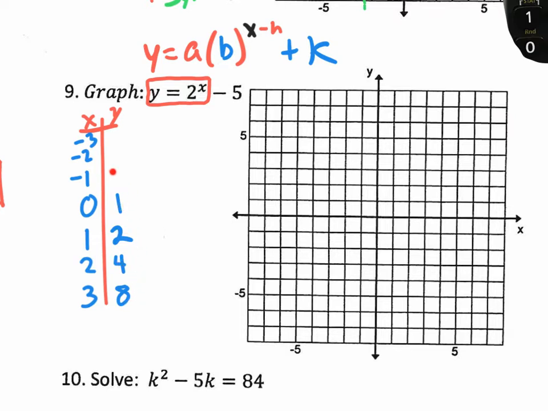What's this value up here? 1/2. And then the next one, 1/4. And the next one, 1/8. And we know that it infinitely gets smaller, infinitely approaching nothing in that direction. So let's graph these blue coordinates. 0, 1 is right here. 1, 2 is right here. 2, 4 is right there. 3, 8 is way up here on the edge.